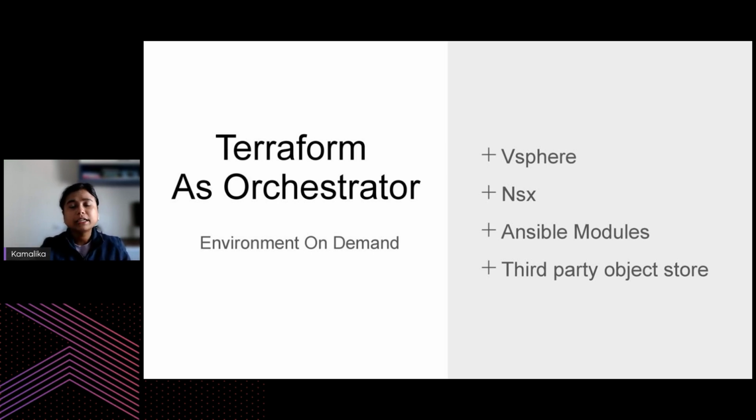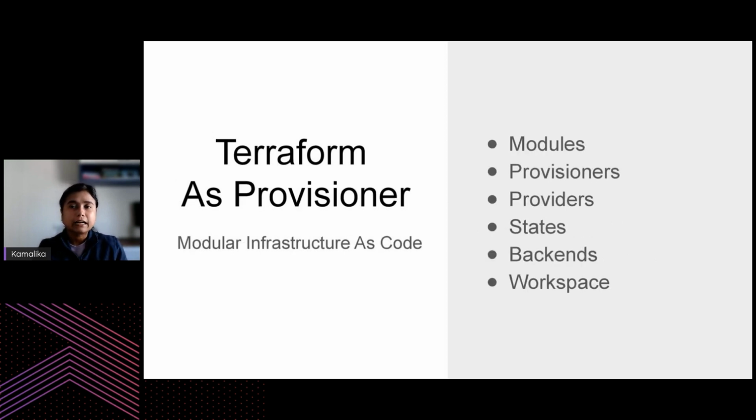The second role that Terraform played here was a provisioner role. Basically, it was the deployer. The last command that would be run was terraform apply, and that would call all the other modules, be it Terraform modules for vSphere or Ansible modules for NSX. While using Terraform as a provisioner, we structured it into modular infrastructure as code rather than just a bunch of folders.